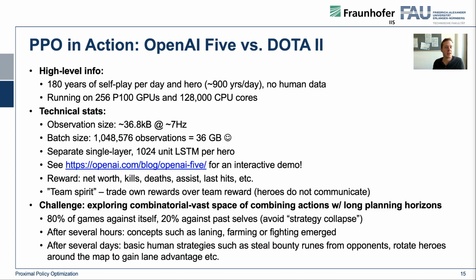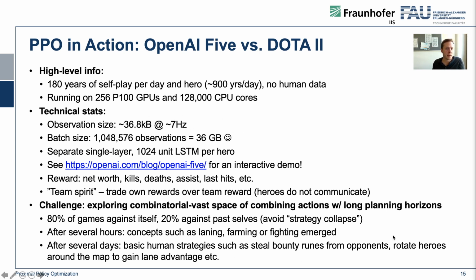What they did in OpenAI Five is they had 180 years of self-play experience per day per hero, meaning that they processed 900 years per day. There's no human data input. They have, I think, 256 P100 GPUs and over 125 CPU cores that they use for the rollout workers.